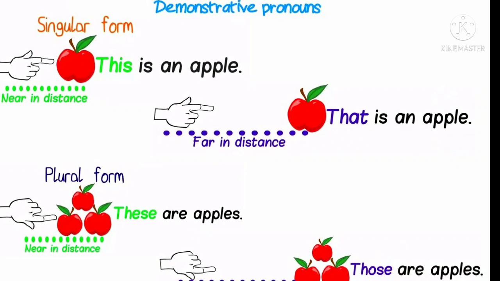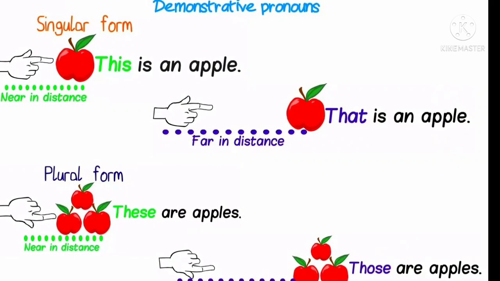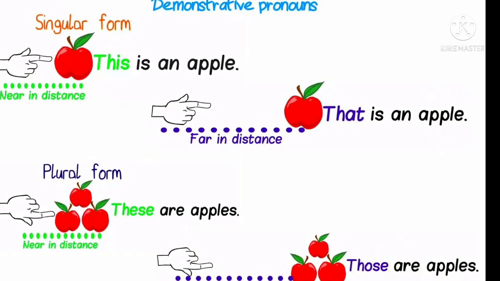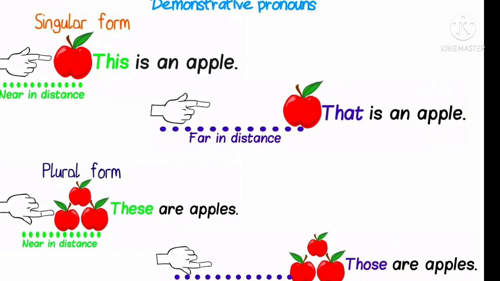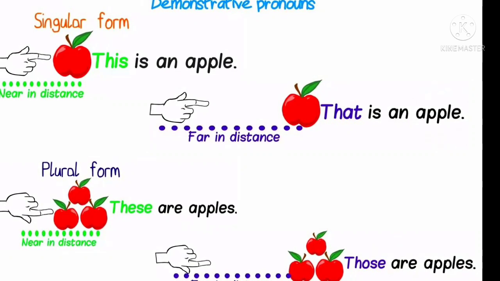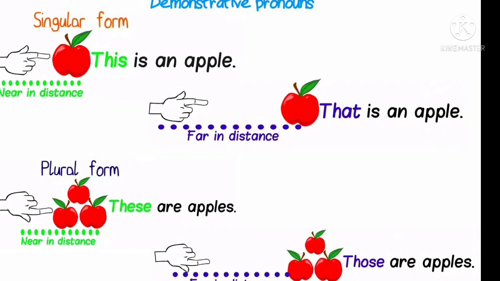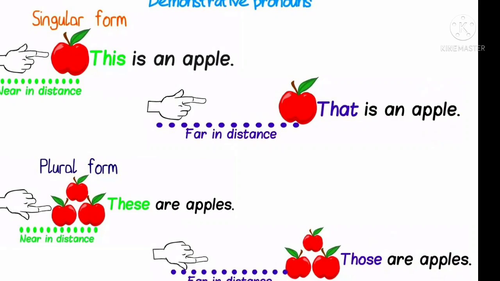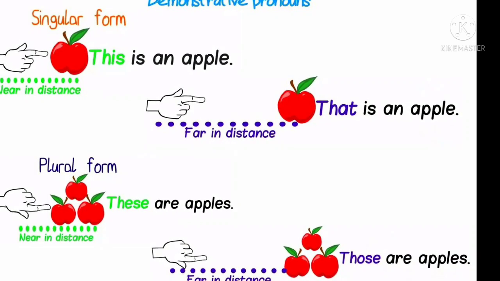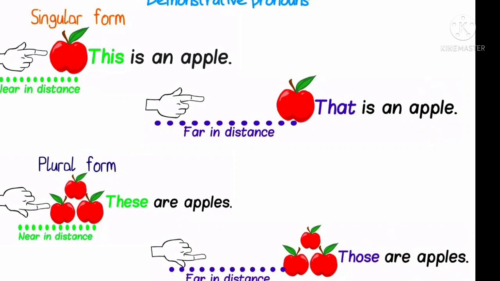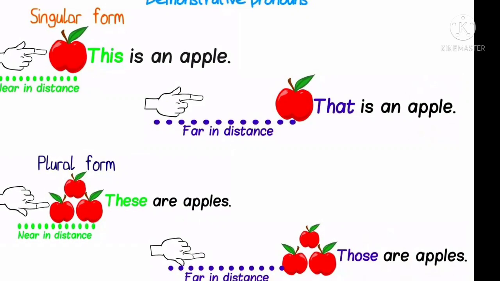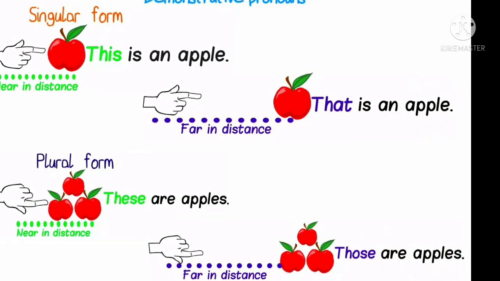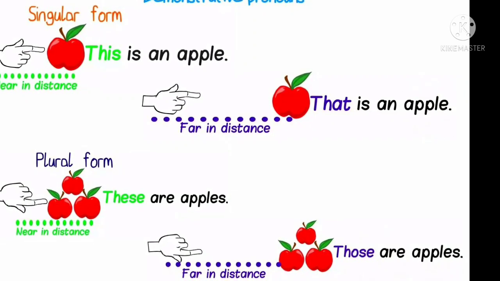These are apples, and it is indicating things which are near our reach, or the things lying near at hand. The other set of examples are as given: that is an apple and those are apples. The demonstrative pronoun that is singular form and those will be the plural form, and it should be used to replace or modify a noun that is far away in terms of distance or time.